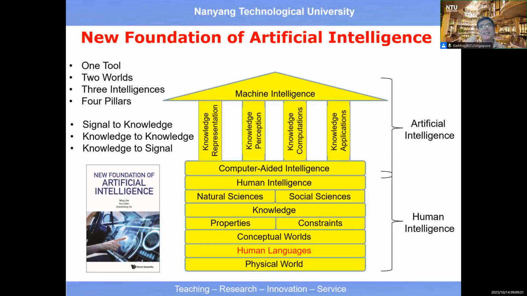But pay attention, the first signal refers to sensory signal, and the last signal refers to motor signal or control signal. All right. So this is a summary of what we have learned from the previous lecture, right?